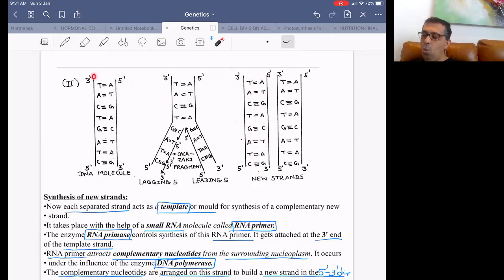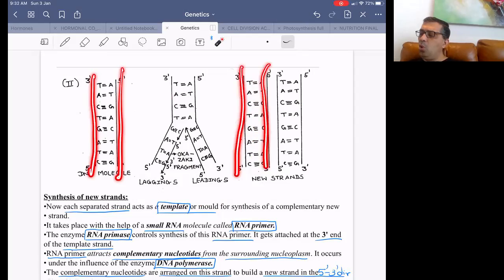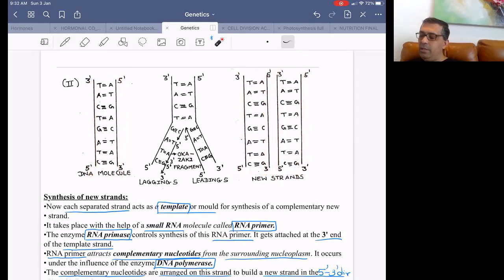And look at this. One mother DNA has formed two daughter DNAs which are exactly identical to each other. What was the sequence here? CG. What did old C get? New G. What did old G get?